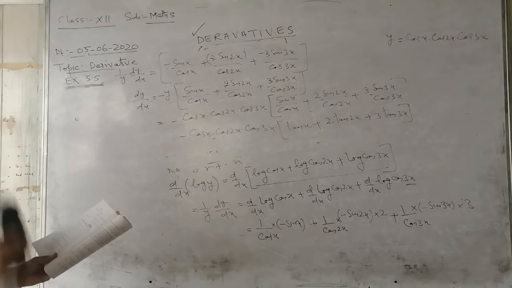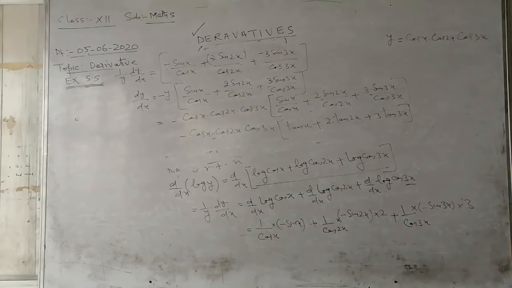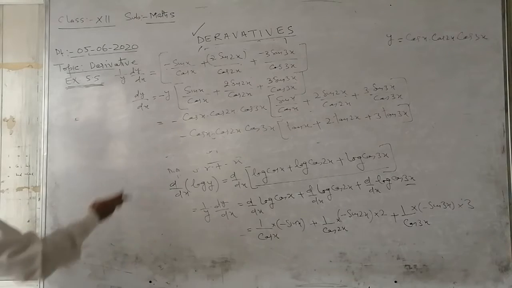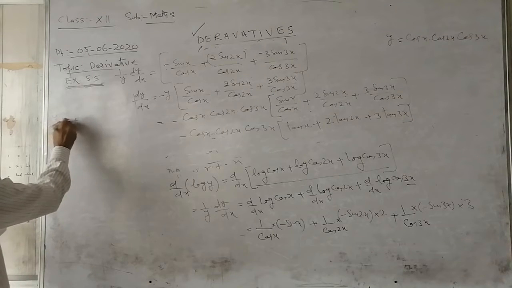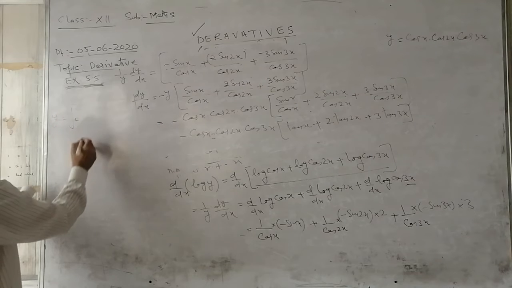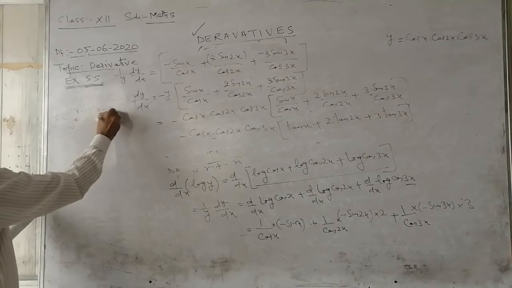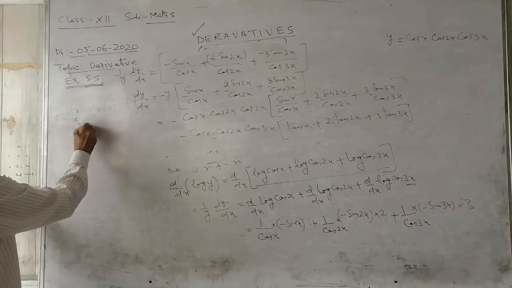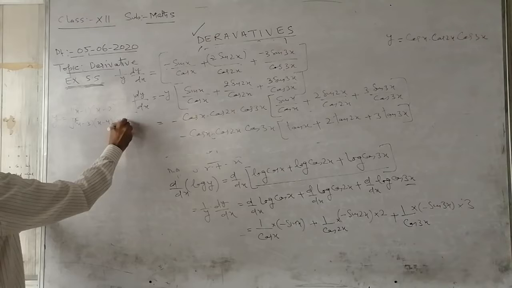So next question is you have to find derivative of function. Let this function be equal to y, and it is given as x minus 1, x minus 2 upon x minus 3, x minus 4, x minus 5.